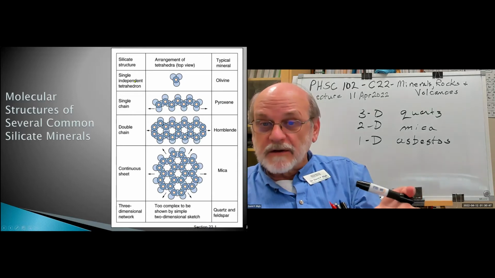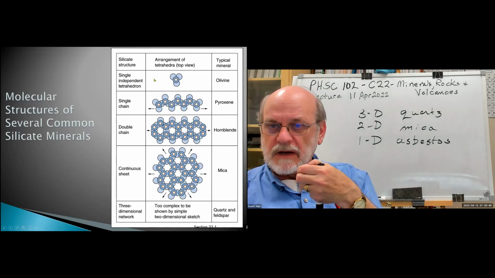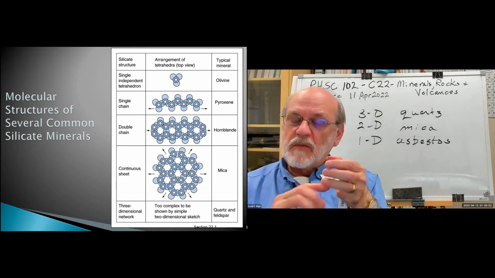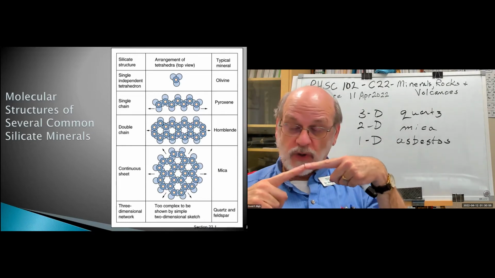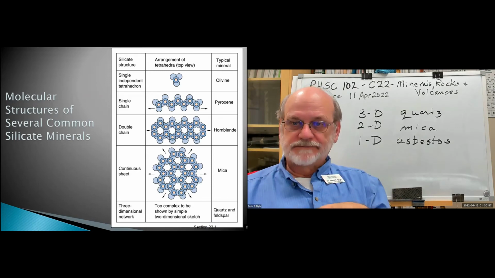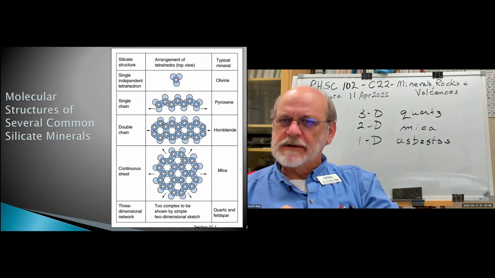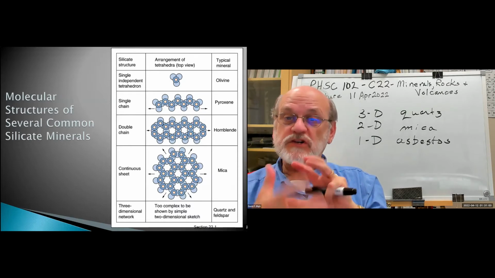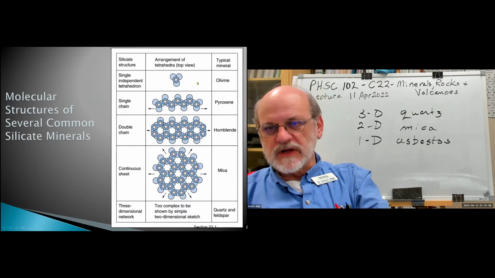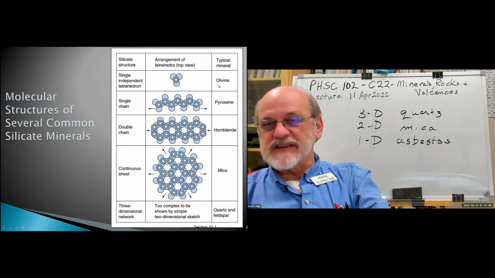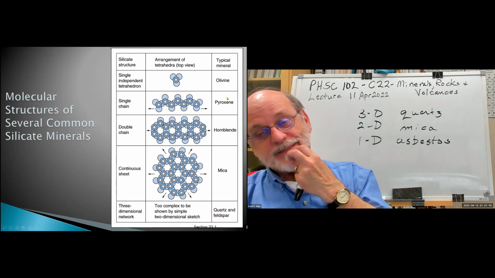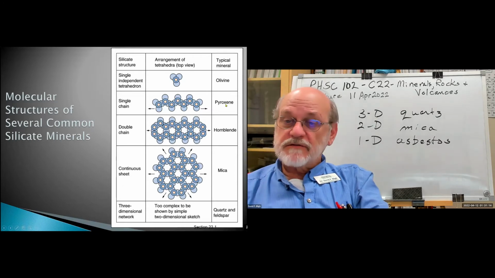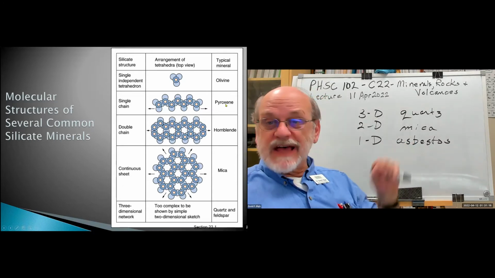I left that one out, where the tetrahedrons might be packed together, but they're not covalently bound to one another. Okay, so they're just packed in there with the most efficient arrangement. And an example is olivine. I'm thinking pyroxene might be the one that's found in asbestos.